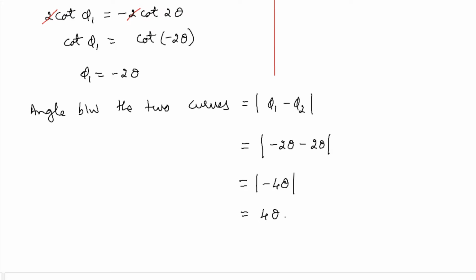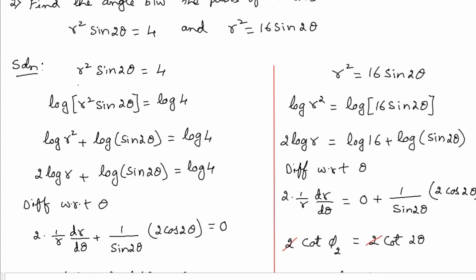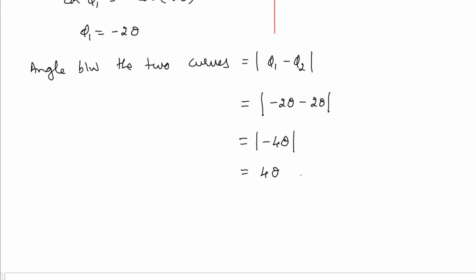But since this theta value is unknown, let us try to find it. To find the value of theta, I'll go back to the question and use these two given curves. Let me take this as equation number 1.